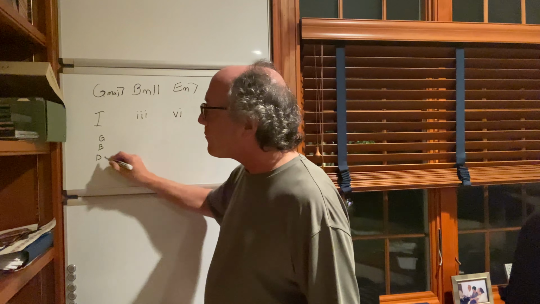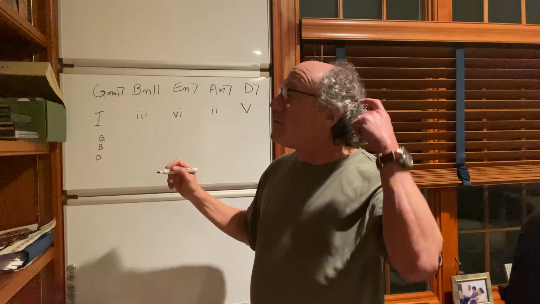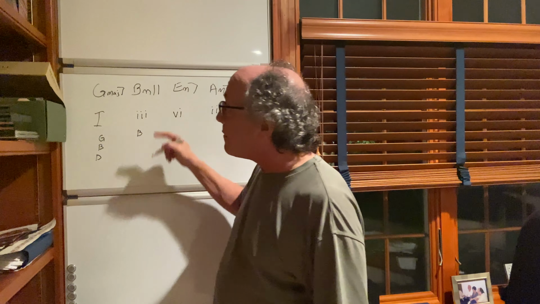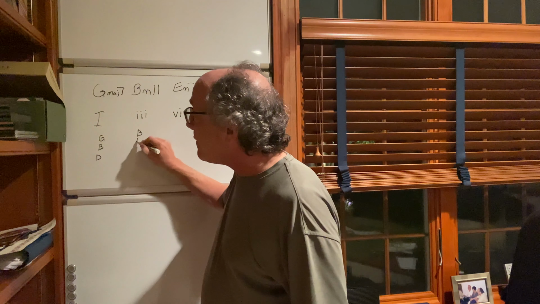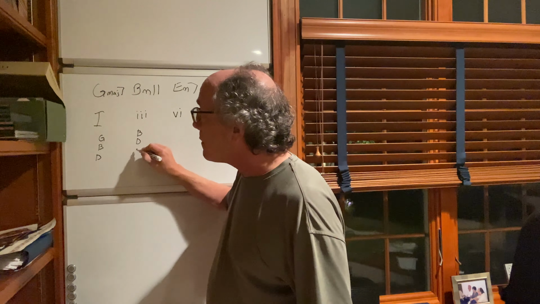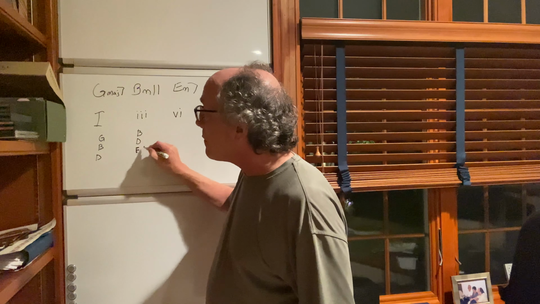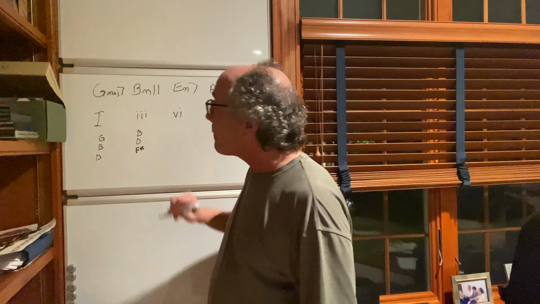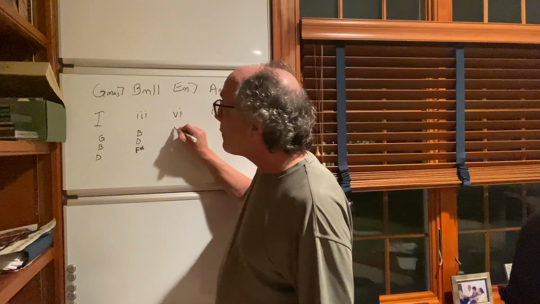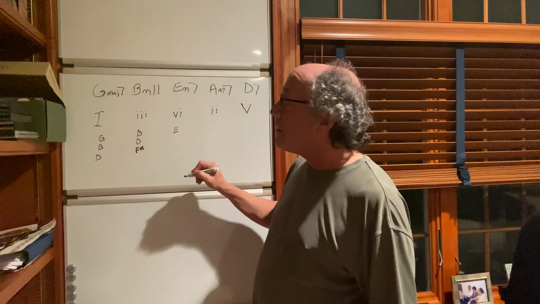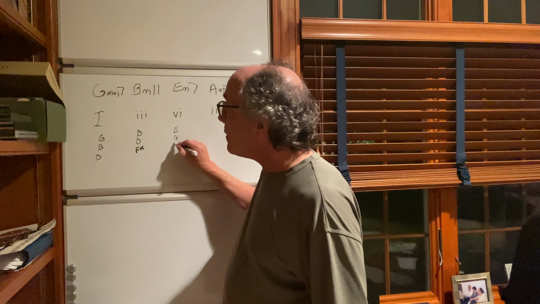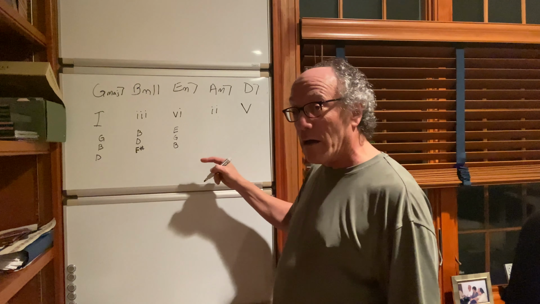That's the triad. In the case of the B minor 11th, the triad will consist of the B, and then the flat third will be a D, and then the 5th will be the F sharp. In the case of the E minor chord, the arpeggio would be the E, the G, and the B, the 1, the 3, and the 5 in that chord.